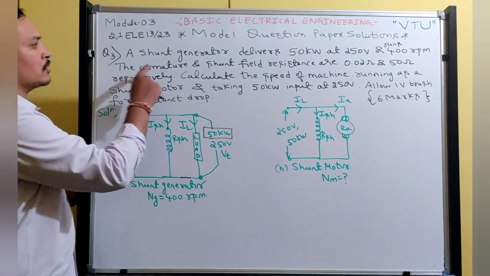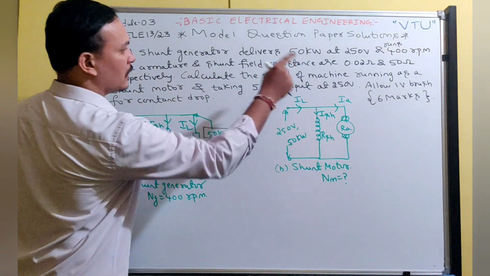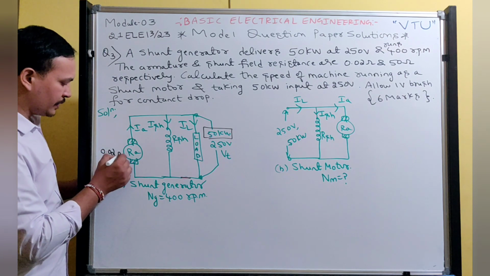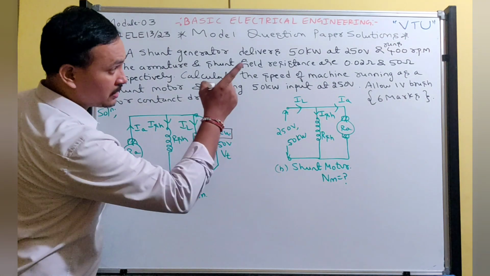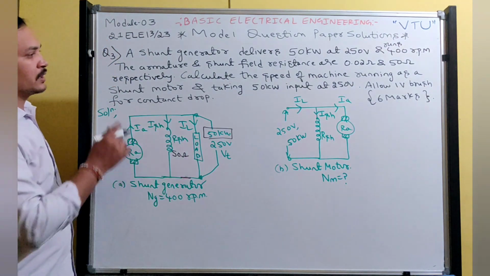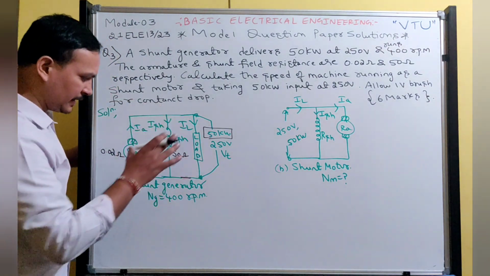The armature and shunt field resistances are 0.02 ohms and 50 ohms respectively. So this is the data given.